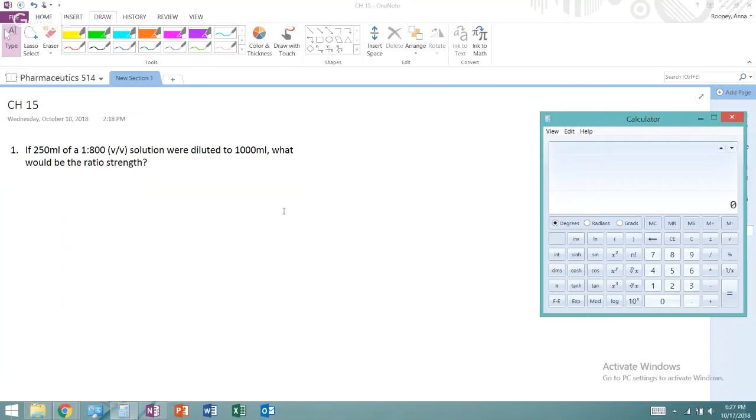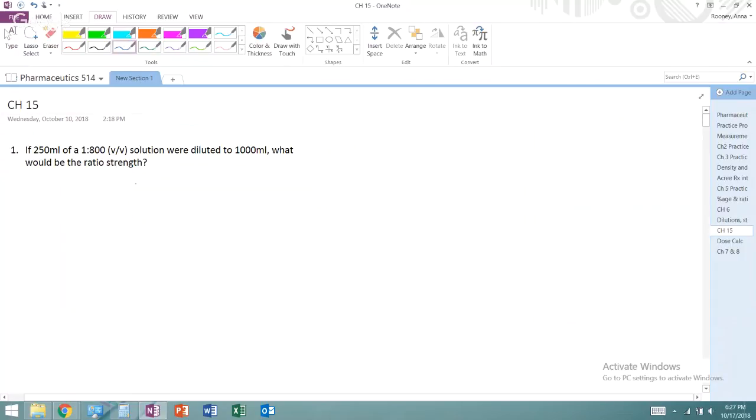So let's figure out, a 1 to 800 ratio is really hard to actually know off the top of your head what it is. Let's convert that 1 to 800 to its percentage.